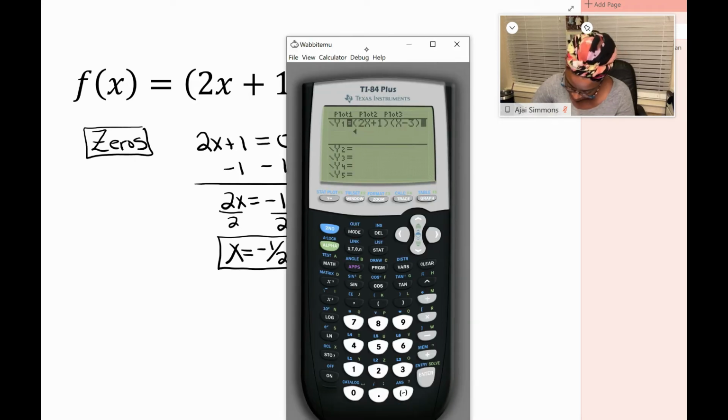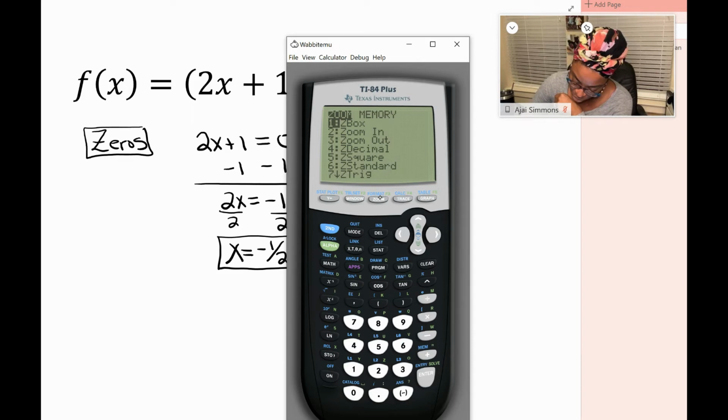Second power. Okay, so let's graph this and see what it looks like. I'm going to zoom out a little bit, so I'm going to press the zoom button and go down to Z standard. Okay, so this is what the picture looks like.